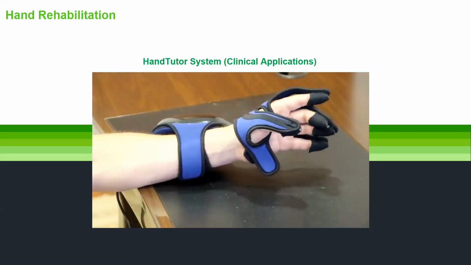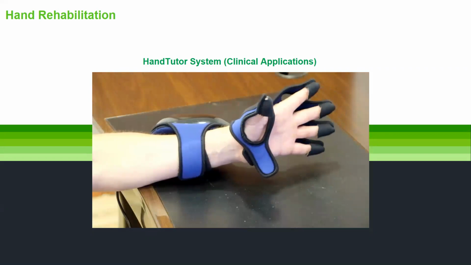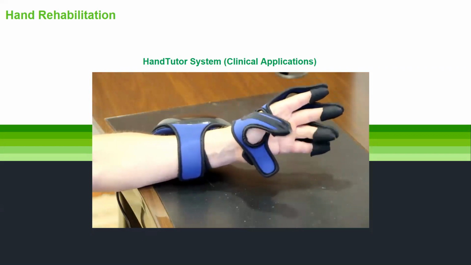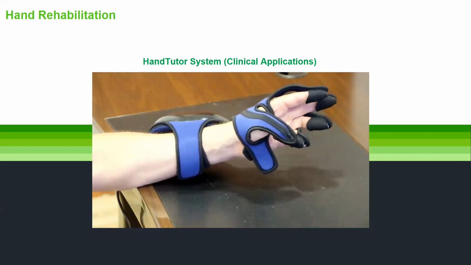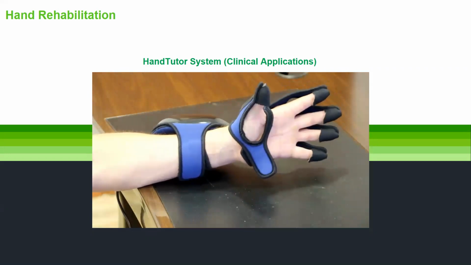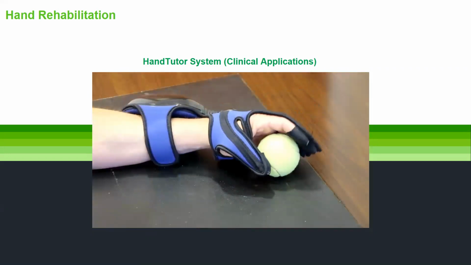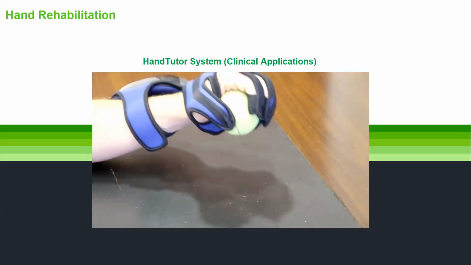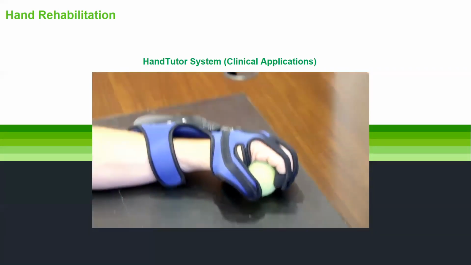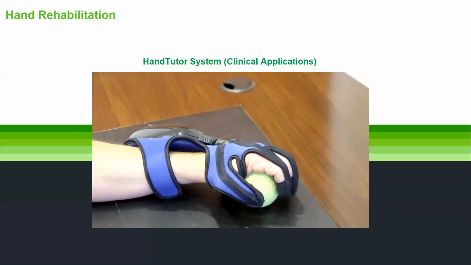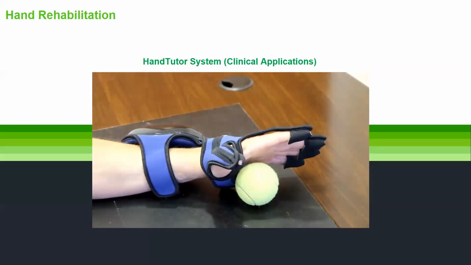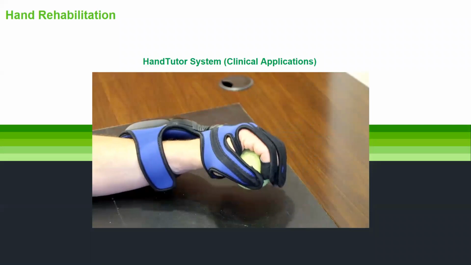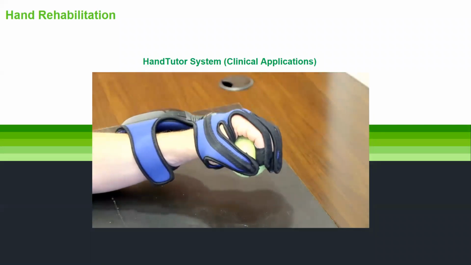Here we're doing isolated opposition movements without an additional modality. Here we're doing a full grip and coordinating it with elbow flexion, and then extending, and then once again gripping the ball and bringing it towards us with elbow extension.